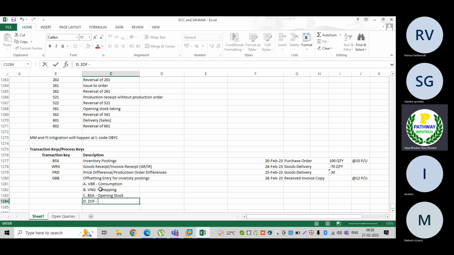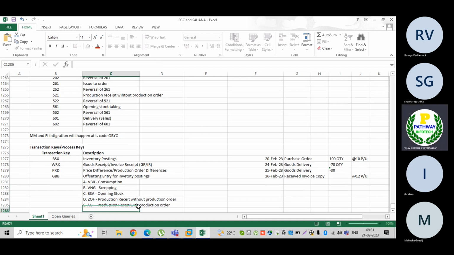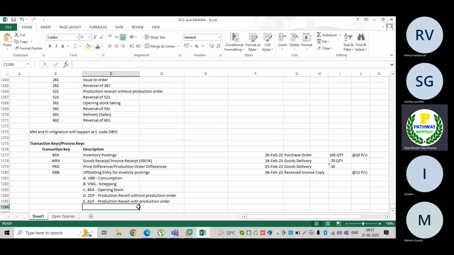ZOF is a production receipt without production order. Then the next one is AUF. AUF is the production receipt with production order.